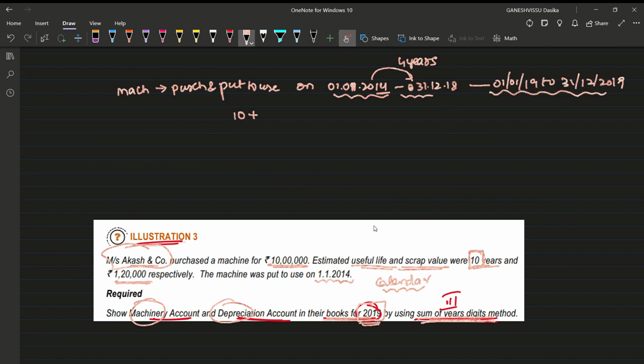So we need to start with 10, 9, 8, 7, 6, which is 5 years, divided by the total of the useful life, that is 10 plus 9 plus 8 plus 7 and so on up to 1.